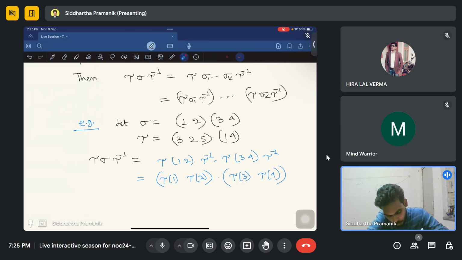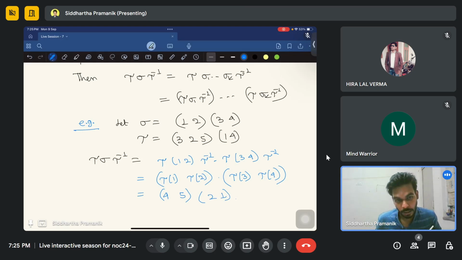So under tau 1 goes to 4, so it is (4 5), and this one is tau of 3 is 2, tau of 4 is 1, so it is (2 1). So is it okay? Did you understand this?